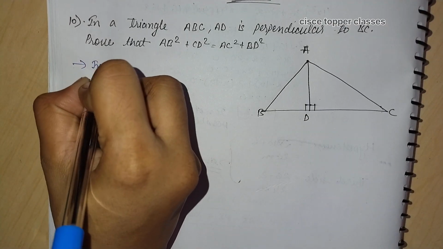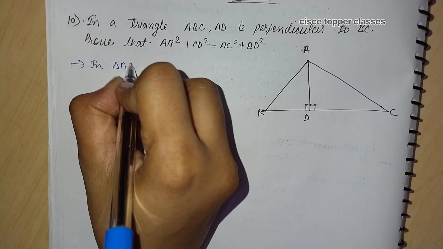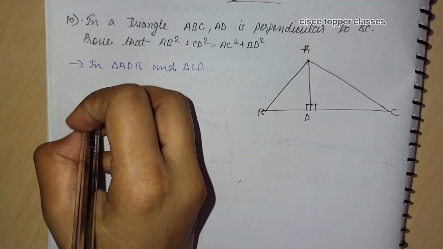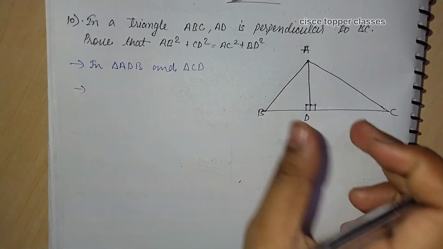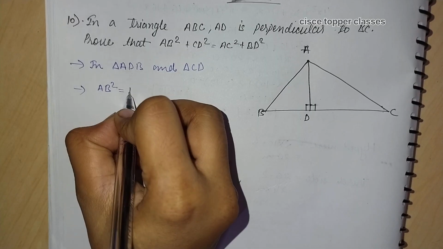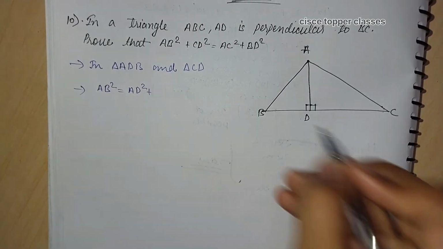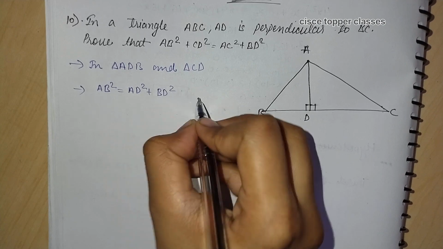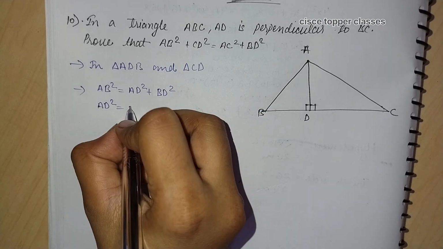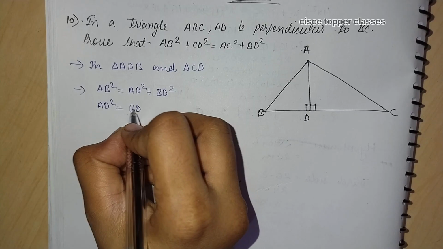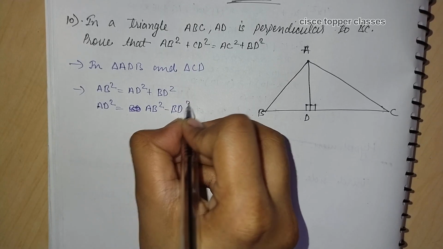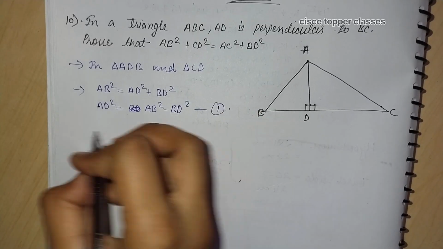Firstly, in triangle ADB and triangle ACD, we can write by Pythagoras theorem, because both are right angle triangles, AB square is equal to AD square plus BD square. So the value of AD square is AB square minus BD square, as the first equation.